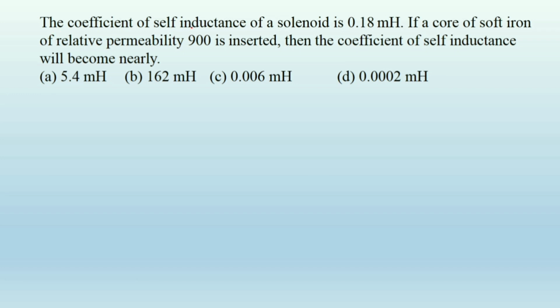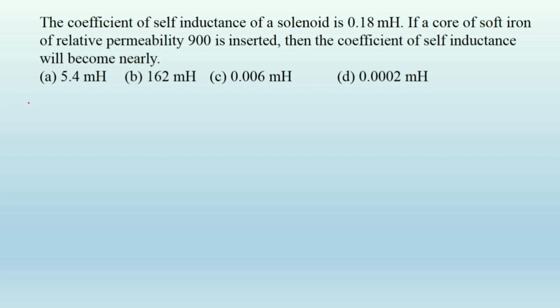The coefficient of self-inductance of a solenoid is 0.18 millihenry. If a core of soft iron of relative permeability 900 is inserted, then the coefficient of self-inductance will become nearly. See here, the coefficient of self-inductance is already given, 0.18 millihenry. When a soft iron core is inserted, which has relative permeability 900, the self-inductance value changes, so that value we have to calculate.